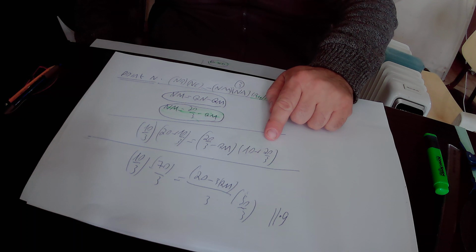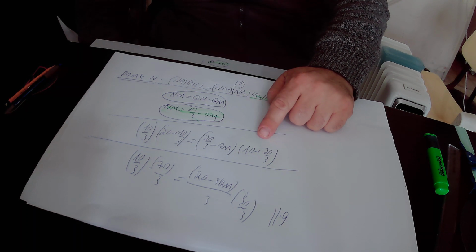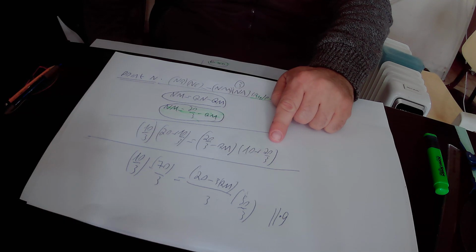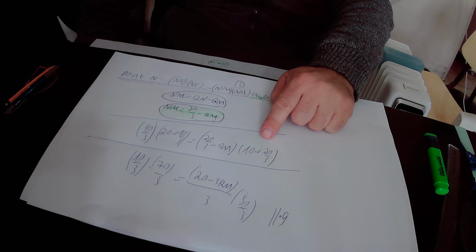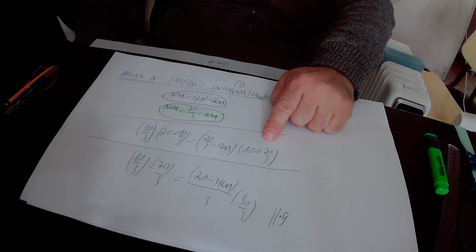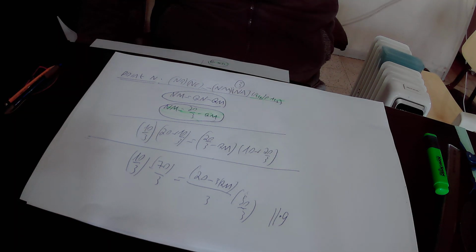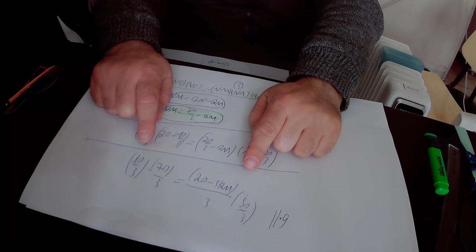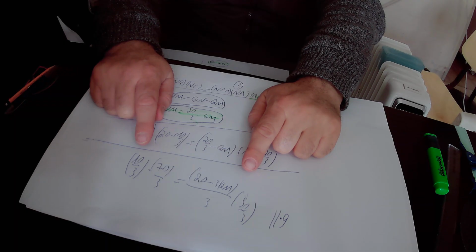Times 10 plus 20 over 3. Here we multiplied 10 by 3 and divided by 3 in order to overcome the fraction with 20 over 3. 10 times 3 is 30 and 30 plus 20 is 50. So in the numerator of this expression we have 50 divided by 3. On both sides of the equation, in the denominator we have 9.